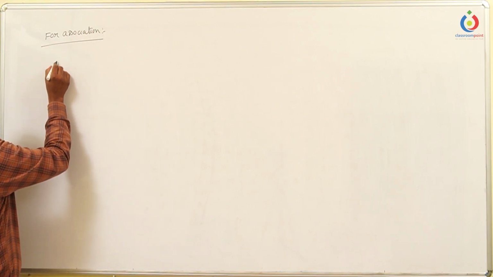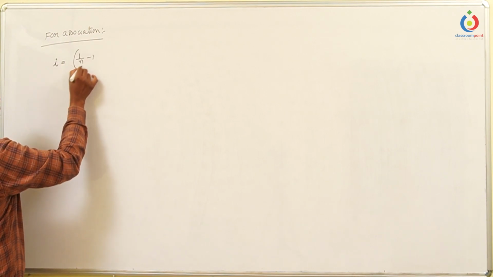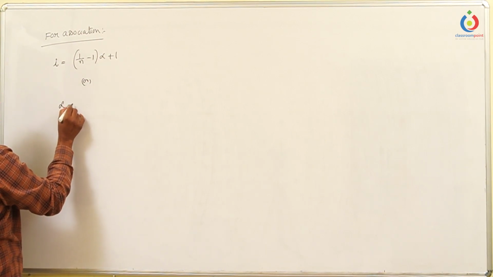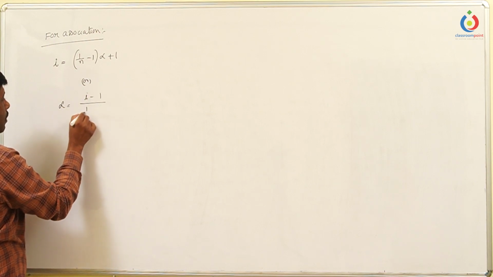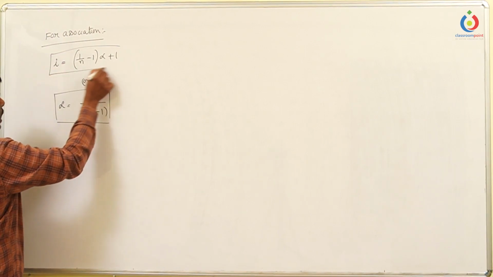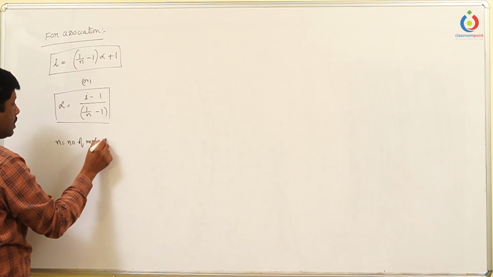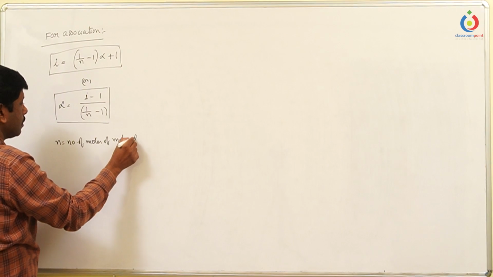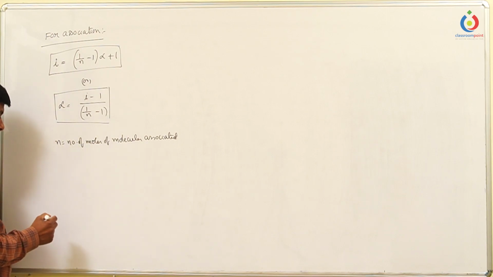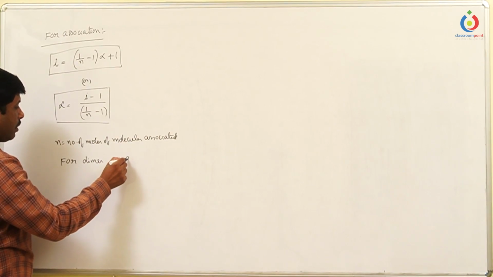For association, we can calculate the Vant Hoff factor i as (1/n − 1)α + 1. If you want to calculate the alpha value, α = (i − 1)/(1/n − 1). What is n here? The n is the number of moles of molecules associated. So how many molecules participate in the association process? For example, for a dimer, n value equals 2.